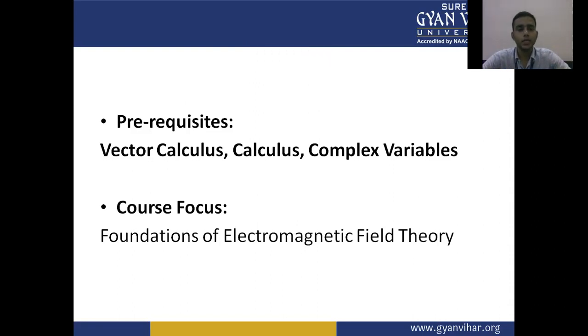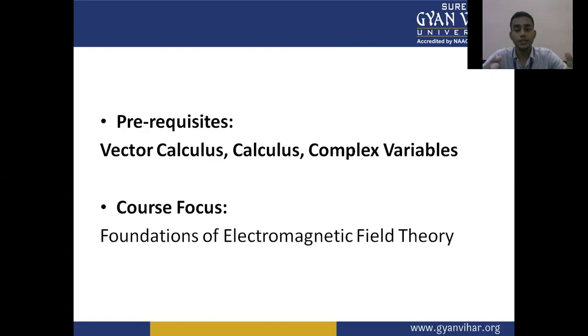The prerequisites for the lecture are vector calculus, complex variables, dot product, cross product, and differential calculus. Students will be able to solve vector-related problems involving the cross product and dot product.